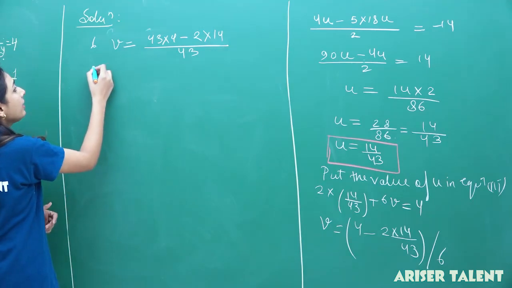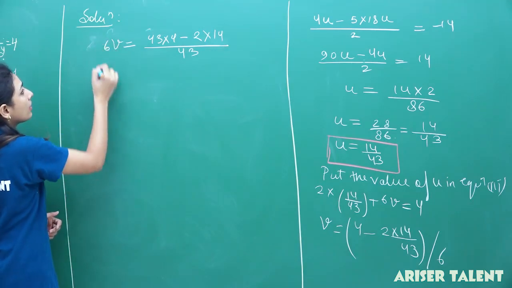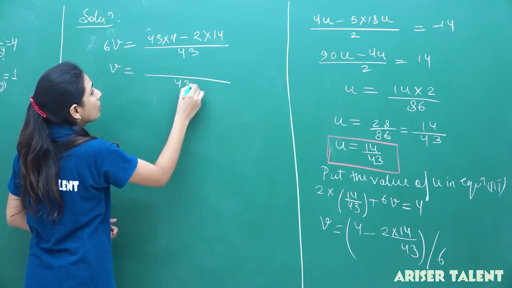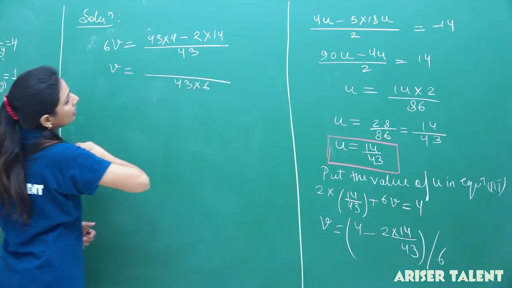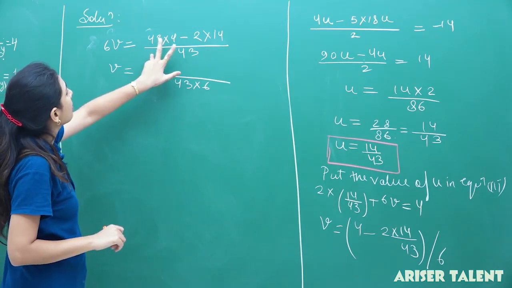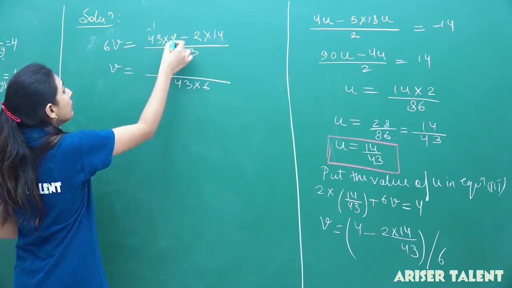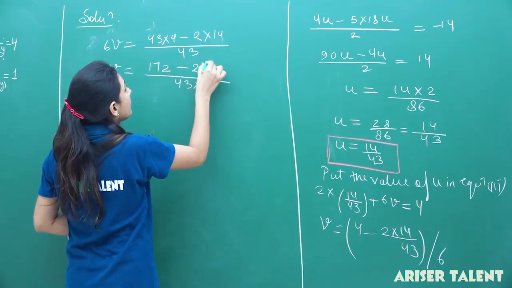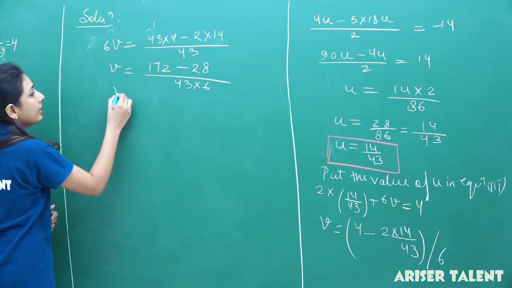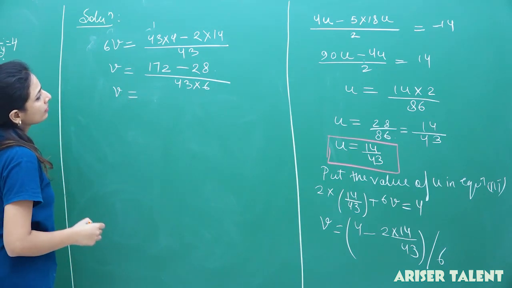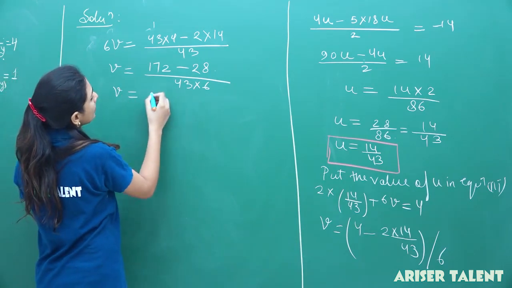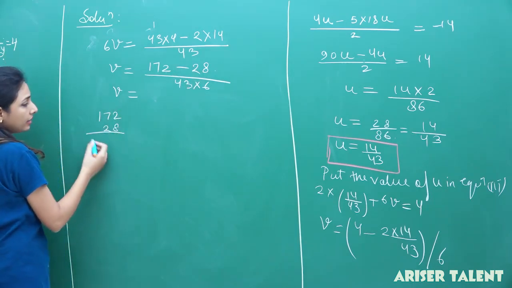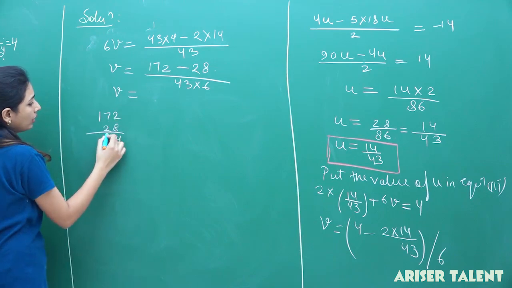Now that will be 43 multiplied by 4, that is 172 minus 28, that is 144.